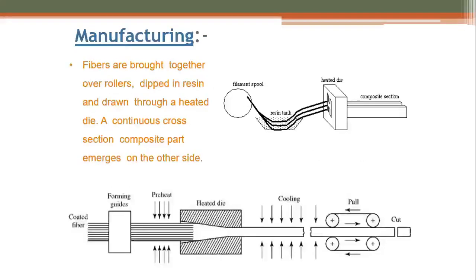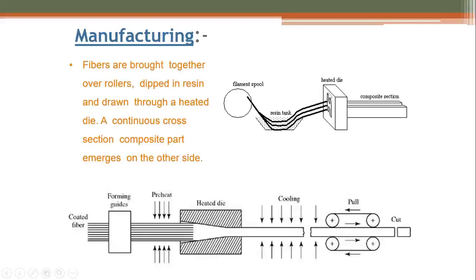Coming to the manufacturing, these fibers are brought over rollers and filament spools, and then dipped into the resin tank, and then allowed to pass through the heated die. So you can see it in the picture also. This is the heated die, in which this is the required mold here.